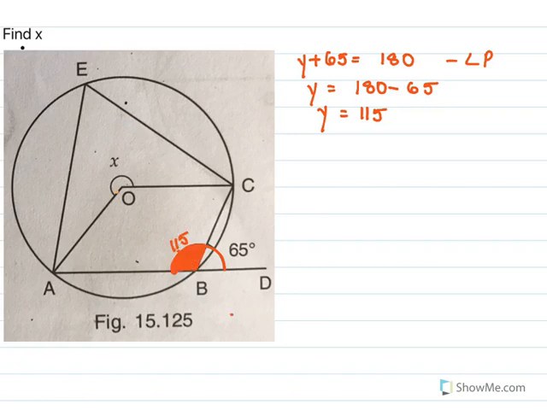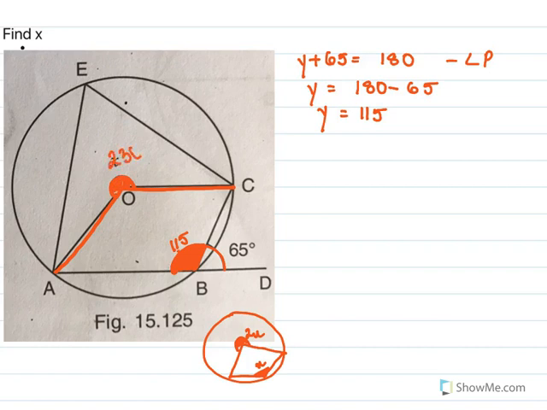Now back again to the same property here. If we know this angle, we can find this, and the relation is if this is X, this becomes 2X. So this is 115. The central angle will be AOC. So here your X will be 2 times 115. It will be 2X, so that it will be 230.